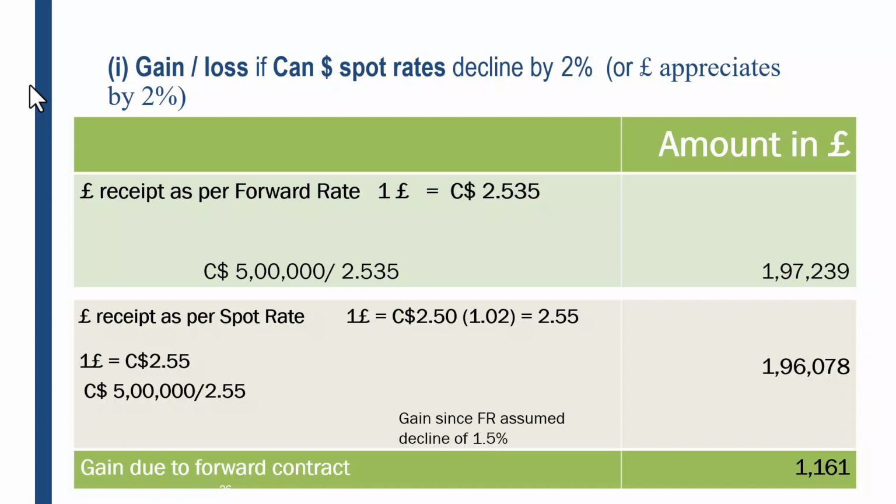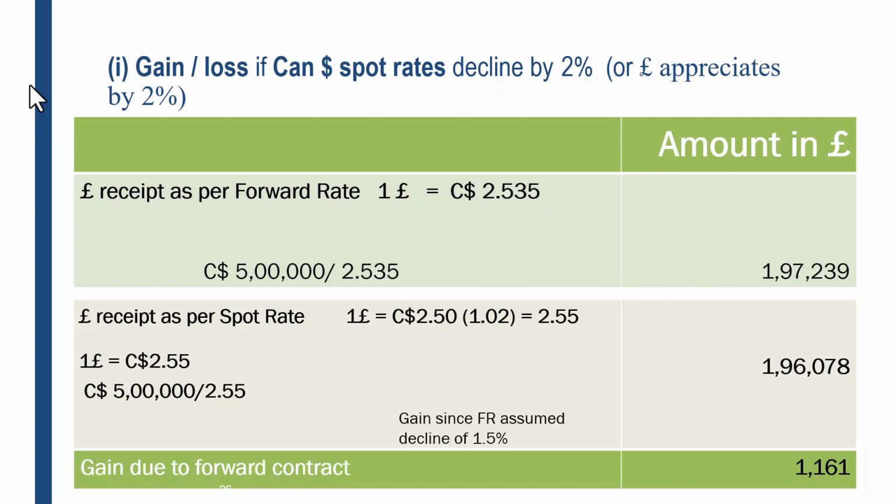Actual loss is 2%, but your actual forward loss is only 1.5%. You are happy by 0.5%. But in the contract, the intention is that you should be getting back only 1.5%.